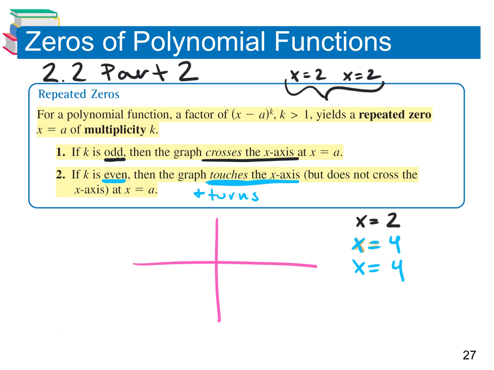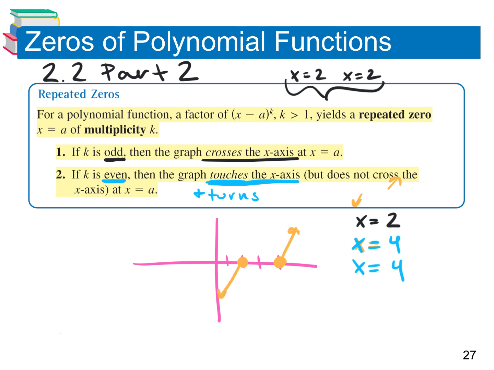If I solved my equation and got these three answers, when I graph them, I'd put a point on the x-axis at 2 and another point at 4. Let's just say our end behavior was down and then up, like this.